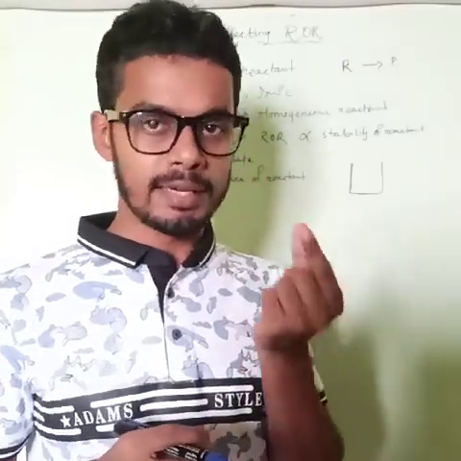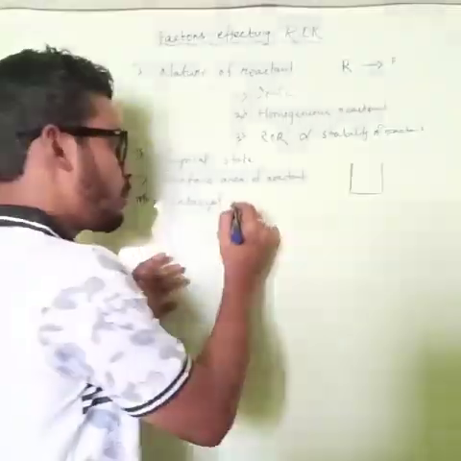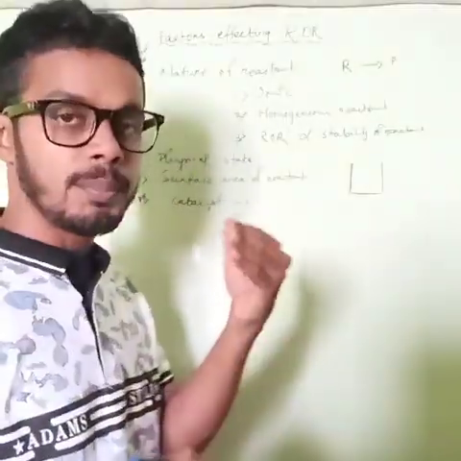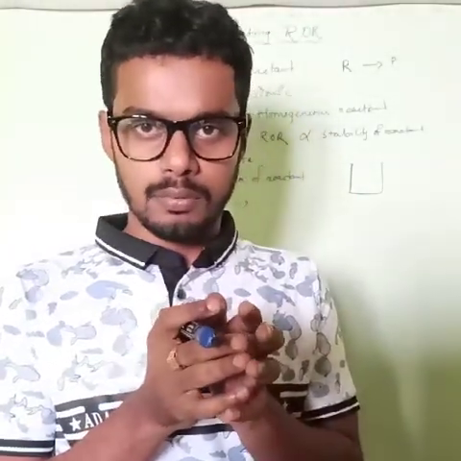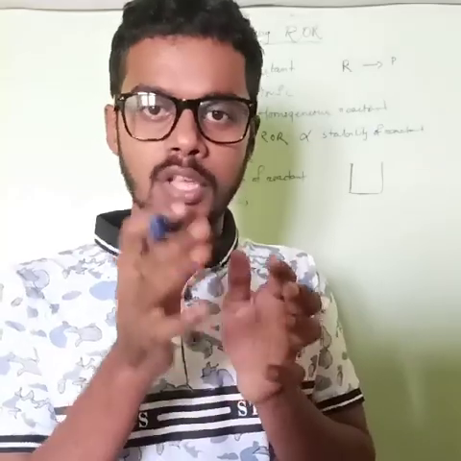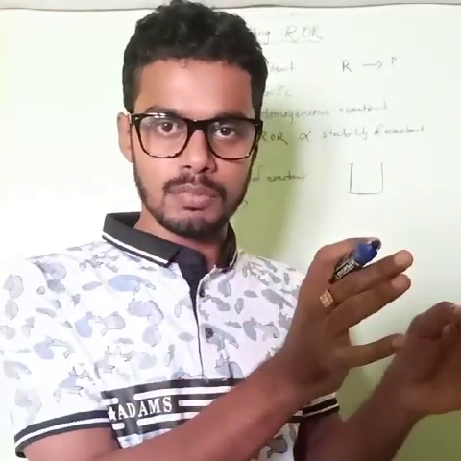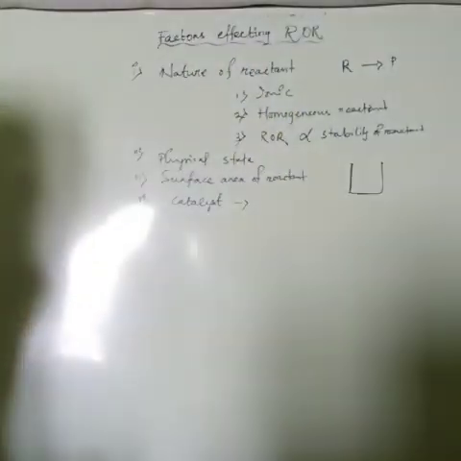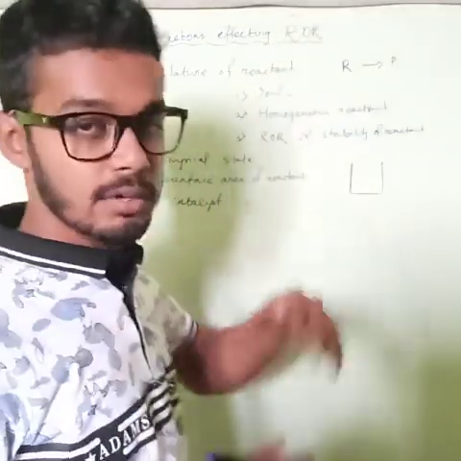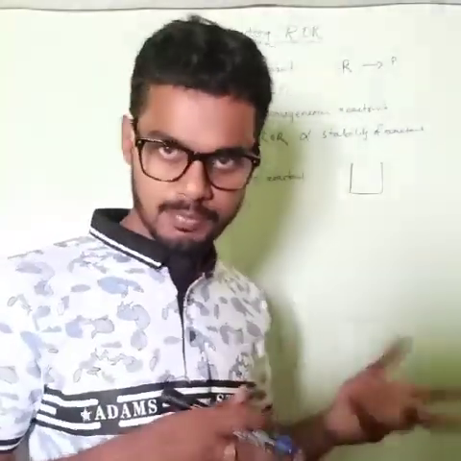Sometimes catalysts are not used up; they help as a carrier to the reactants to give product. So by means of catalyst, the things happen. Okay, so catalyst is also a factor. If you have given the catalyst, rapidly it completes the reaction. Obviously, the rate of reaction will change fast.